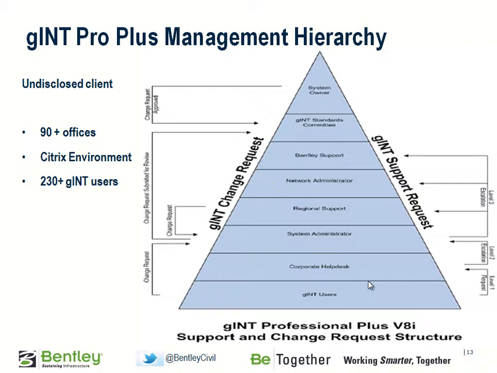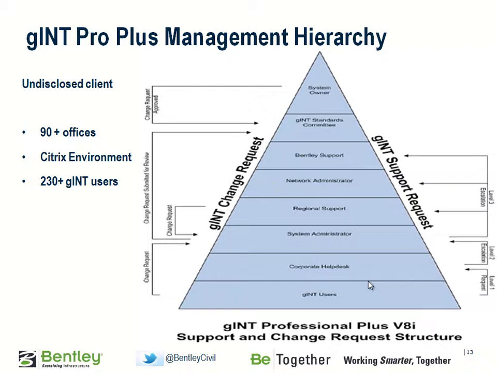And this pyramid shows the GINT change request and GINT support request. Since there are a lot of offices involved and a lot of users, obviously the support and change request structure reflects that complexity.